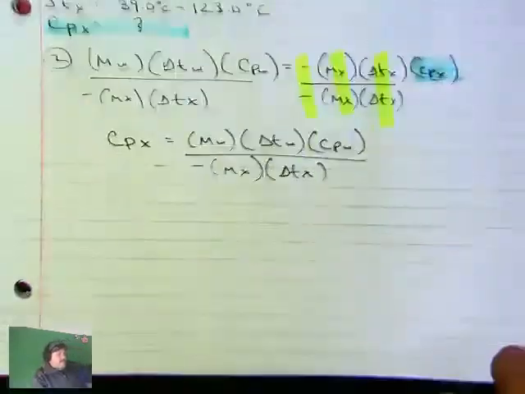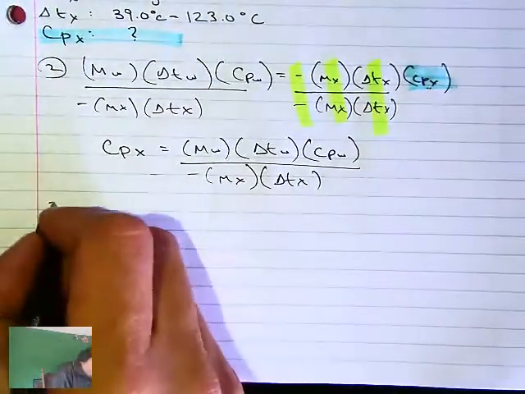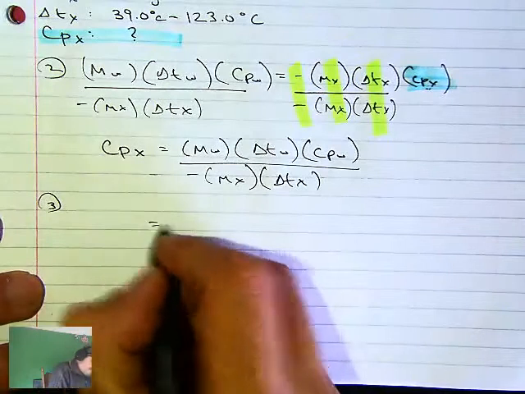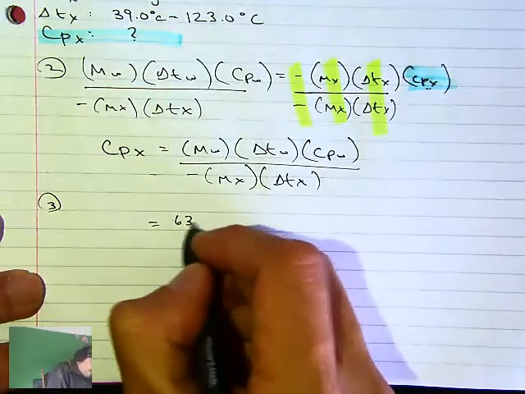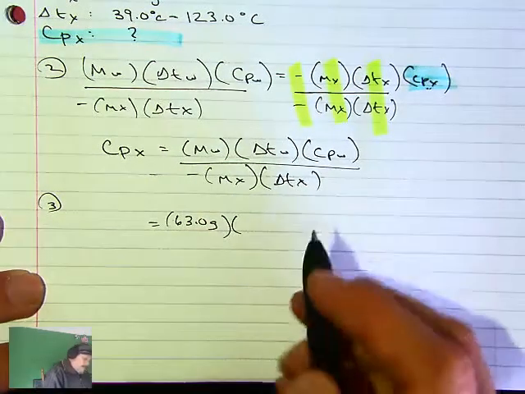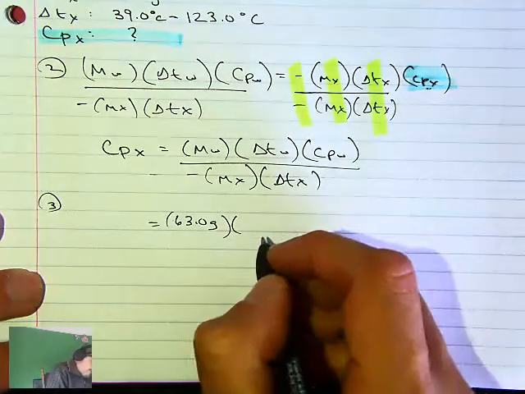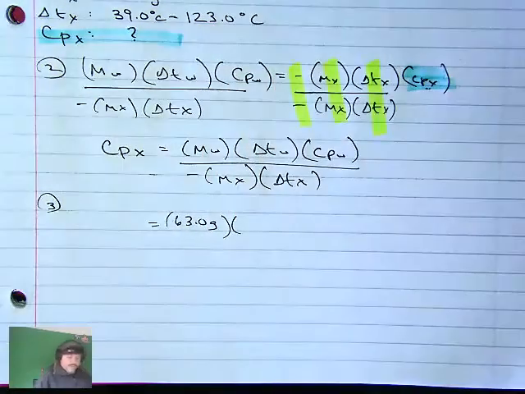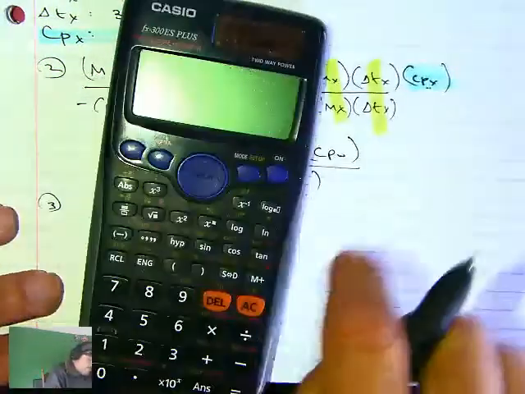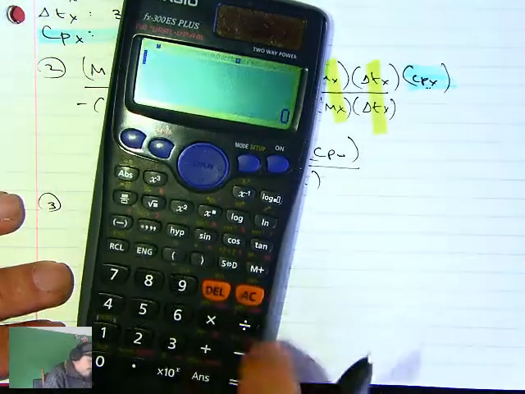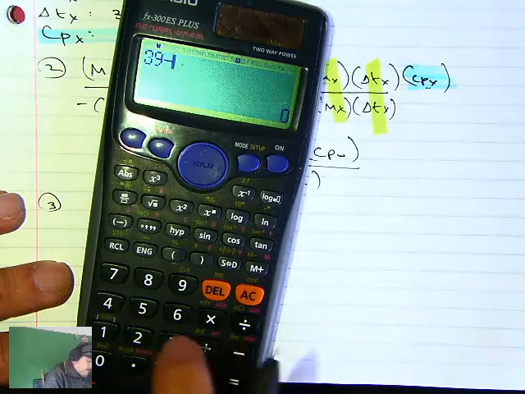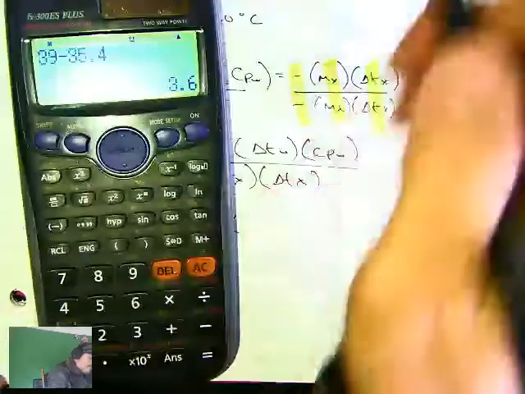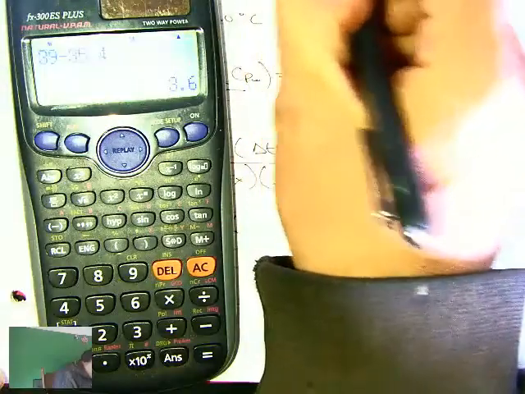Finally, my favorite step, step 3, the plug and chug, because now all you do is just put in the information. The mass of the water was 63.0 grams. The temperature change of the water, we did not calculate it yet. 39.0 minus 34.5. We'll do that in the calculator so you can see it. Remember, since there's one decimal in both, the final answer will have one. 3.6 degrees Celsius.